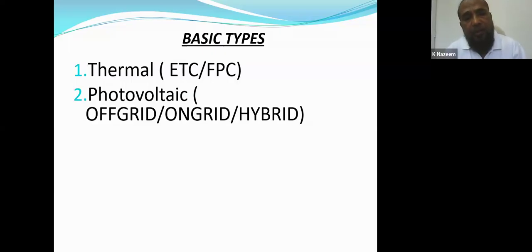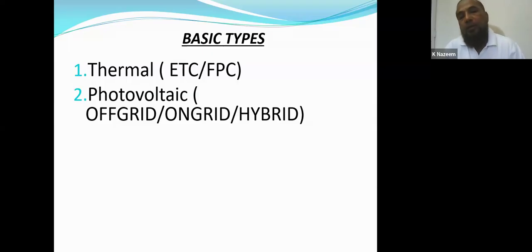In the same technology and the same working principle, you have flat plate collector, wherein there is a copper sheet welded to the copper tubes and the water flows through the copper tubes and the copper plate is painted with black material which increases the heat absorption.